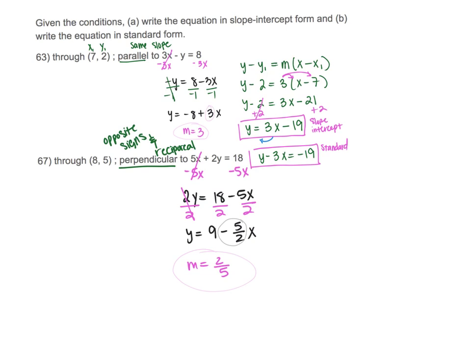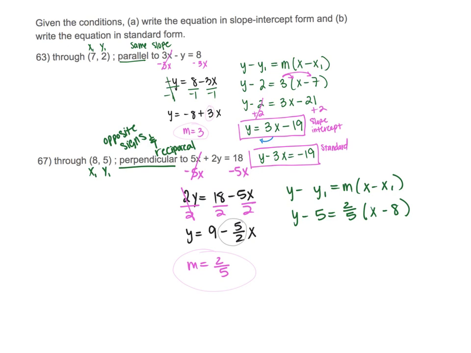So again, I'm going to use that y minus y1 equals m times x minus x1, and plug in the points that I have, which is over here. So my y1 is 5, my slope that I want to use is 2 over 5, and my x1 is 8. Now, we are going to be multiplying fractions here, so hang with me.